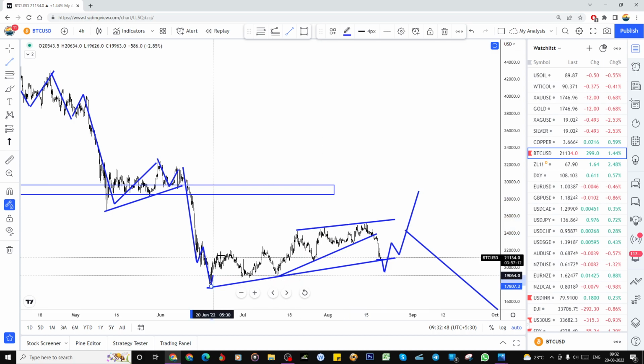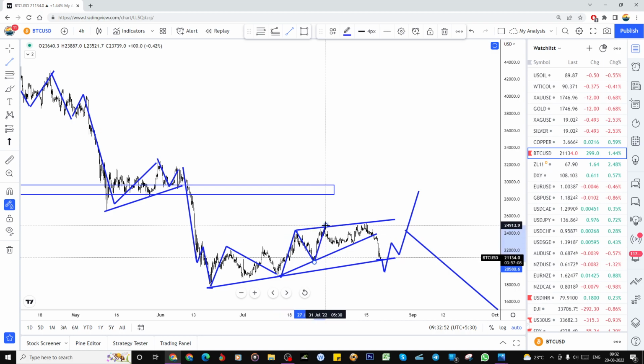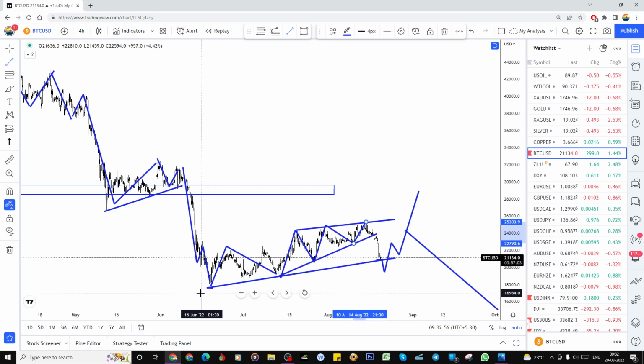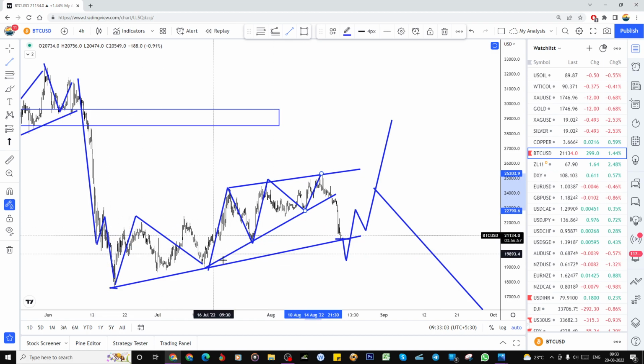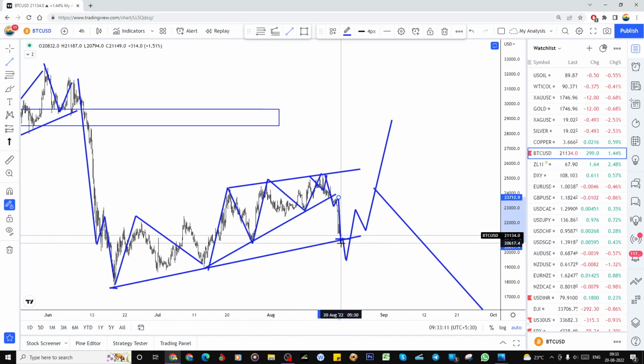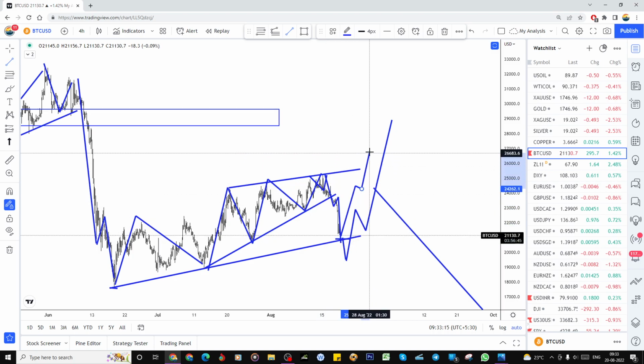I don't know whether this is the A, this is the B, 1, 2, 3, 4, 5, or whether this is the 1, this is the 2, 1, 2, 3, 4, 5, and this is the 1, 2, so this is the 3, this is the 4, and this is the 5, and this is the one three-wave structure. So this could be the connecting wave. Another five-wave structure can happen like this.